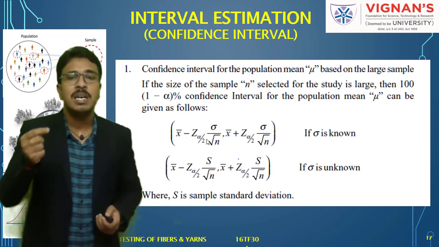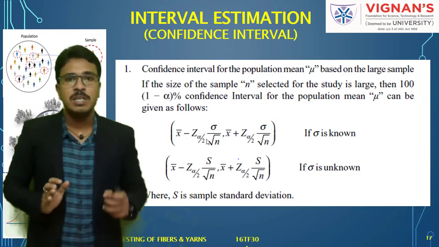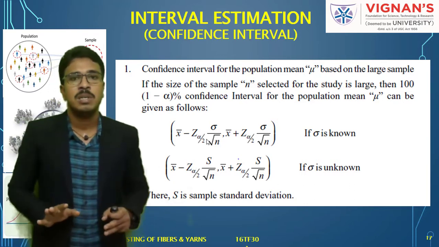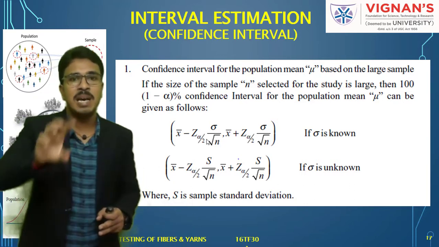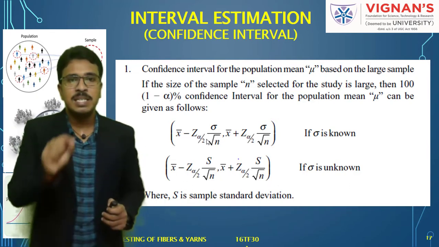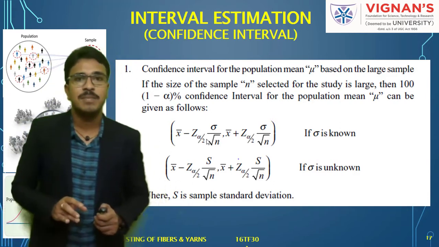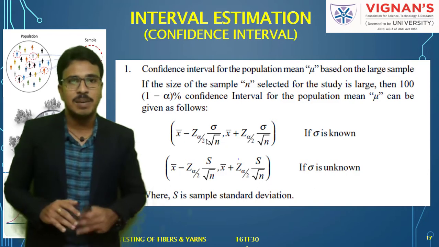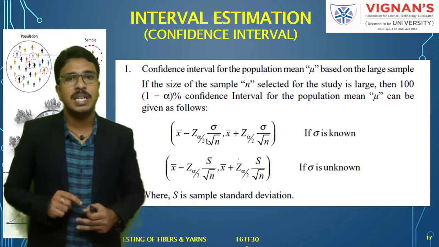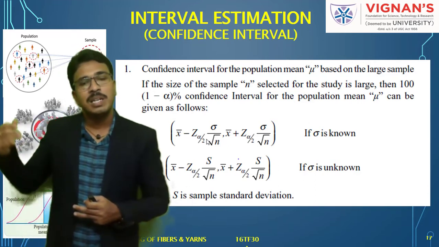In the first case, if population standard deviation is known, we can go with the first formula. If standard deviation of population is not known, and only sample mean and sample standard deviation are there, you can use the second formula. This z is nothing but z values. The z test we are going to study in our next presentations, and for the z values there is a separate table.